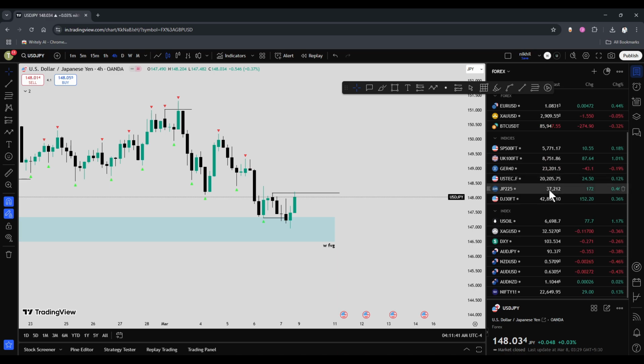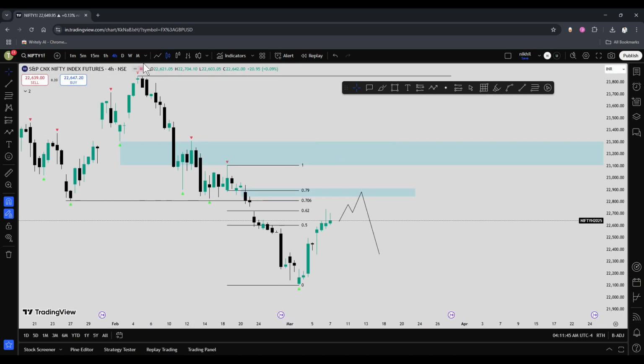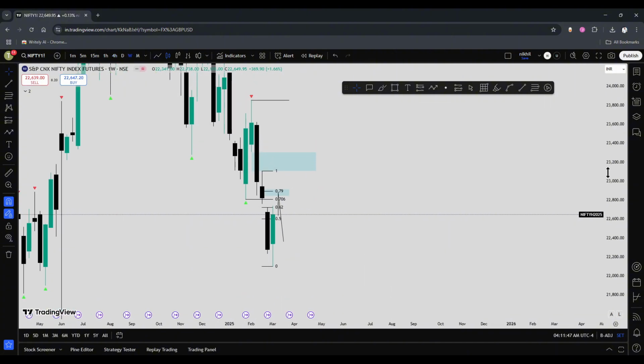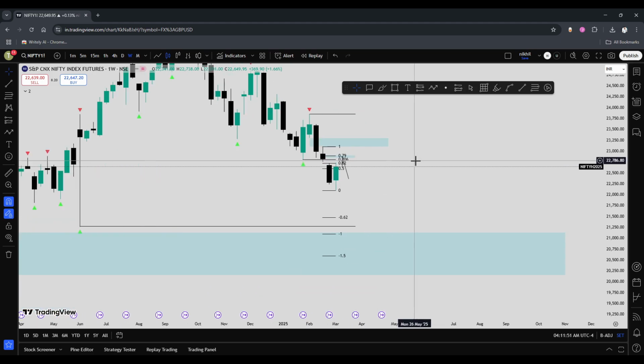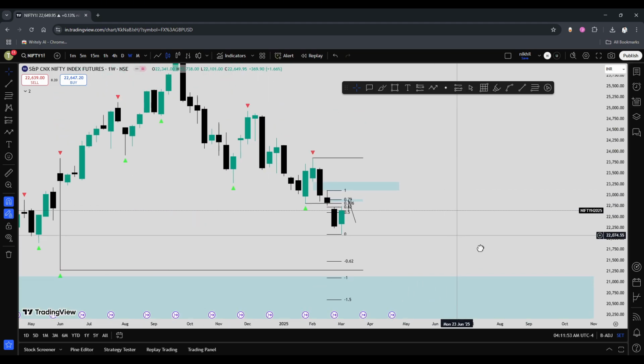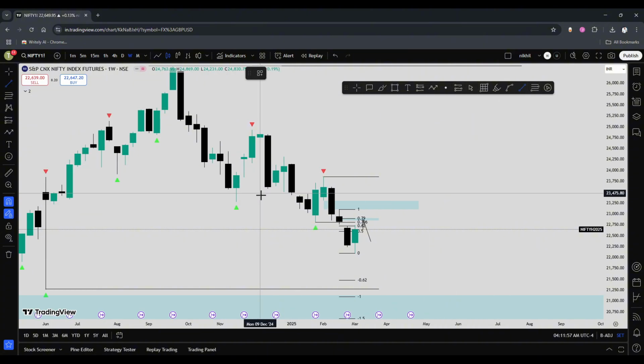Okay, so let's look at Nifty 50, what we can expect in Nifty 50. For the past couple of months we are in a bearish trend. Now what can we expect? So we are clearly making lower highs and lower lows on weekly as well as on daily.